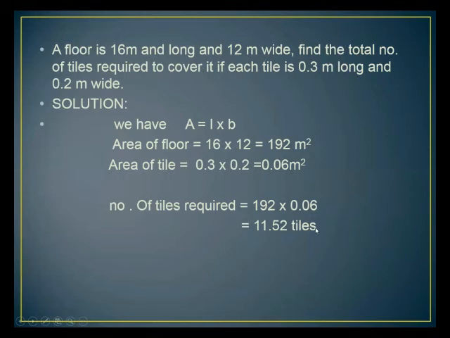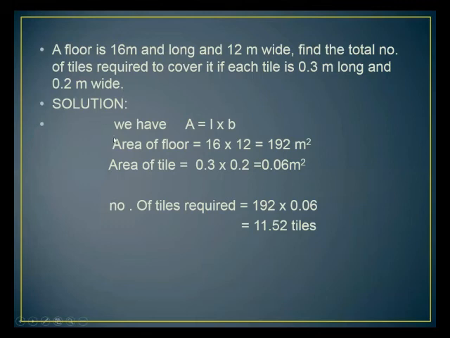So I hope you will understand. I will repeat the process. Take a screenshot of this slide and I will repeat the process. A floor is 16 meter long and 12 meter wide, and find the total number of tiles required to cover it if each tile is 0.3 meter long and 0.2 meter wide.